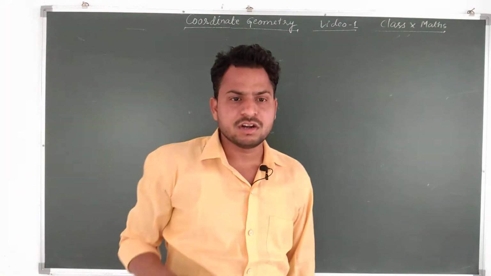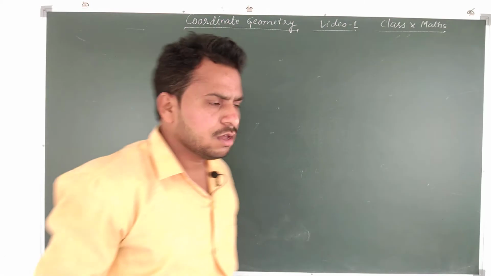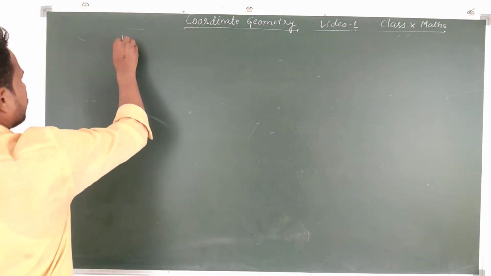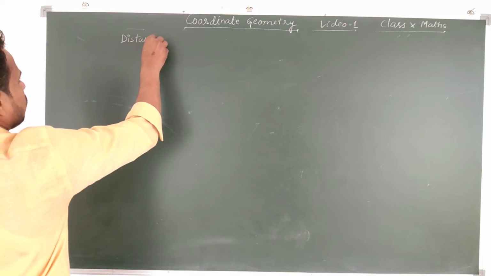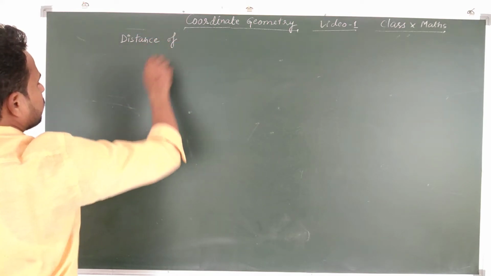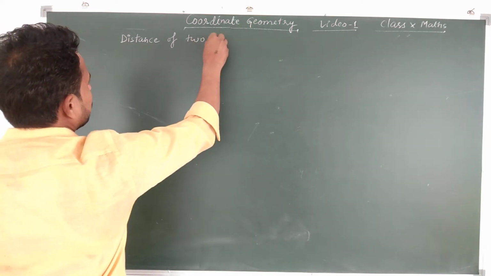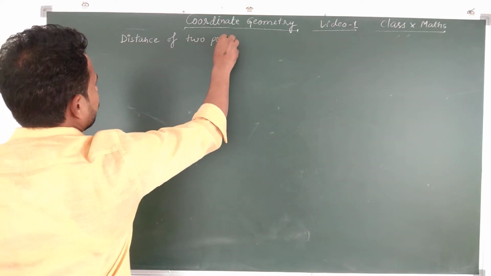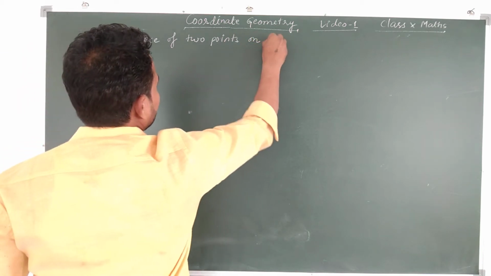So in coordinate geometry, the very first topic is distance of 2 points on the Cartesian plane.